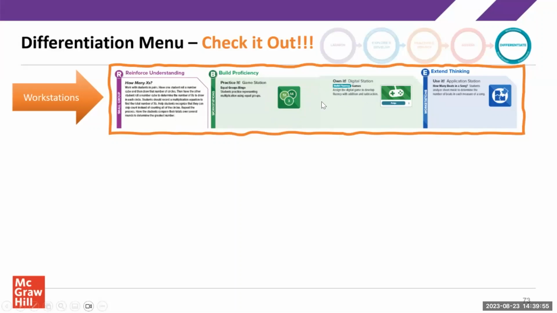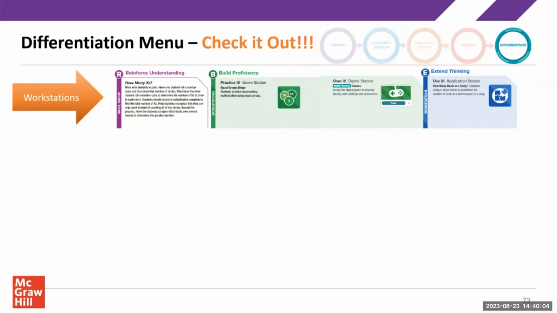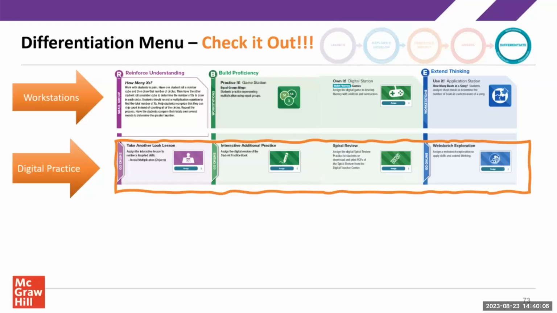Well, they've got digital or hands-on games, or I've also got some application stations for those students that need to extend their thinking. There's also great digital practice in these Take Another Look mini lessons, which are about 15 minutes, interactive mini lessons.